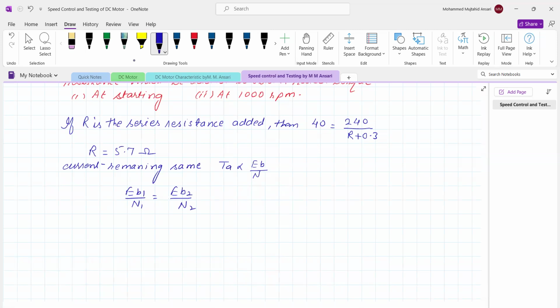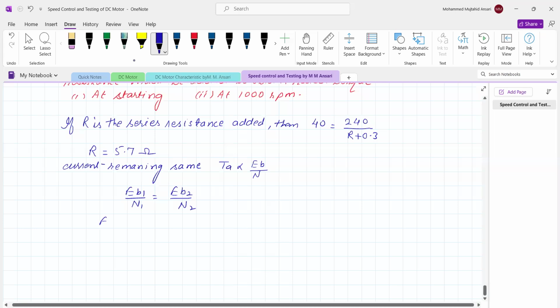So here EB1 and EB2 we can calculate. EB1 is equal to 240 minus 40 into 0.3, so it is equal to 228 volt.